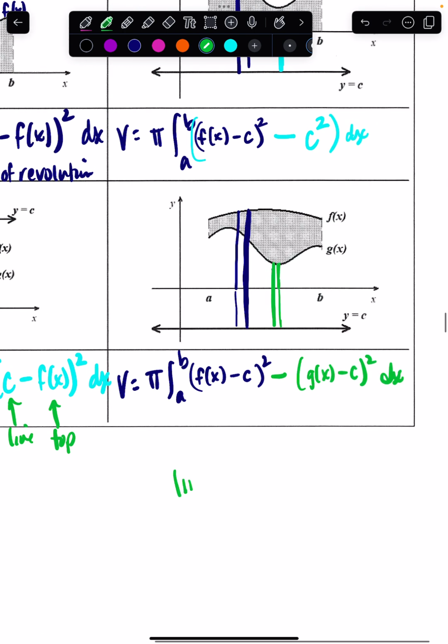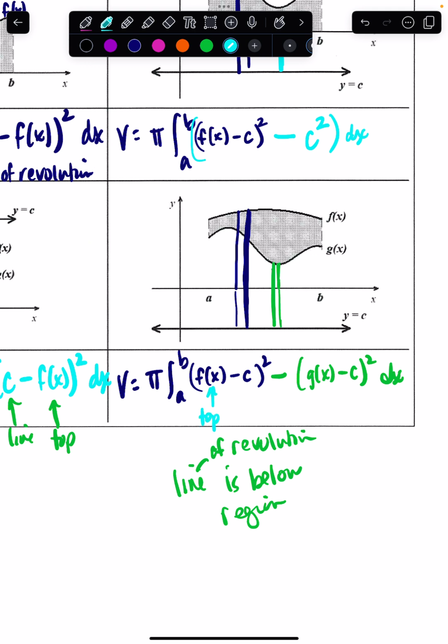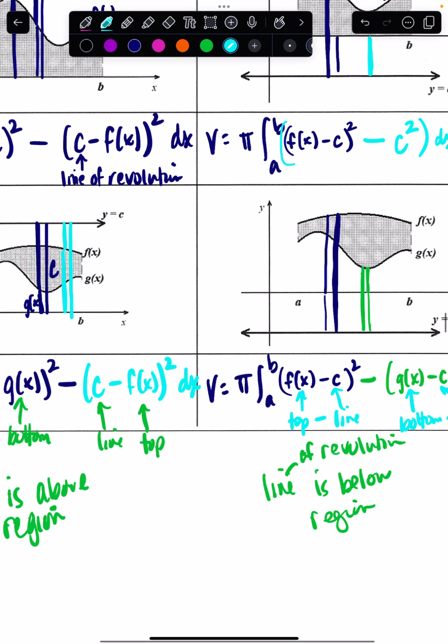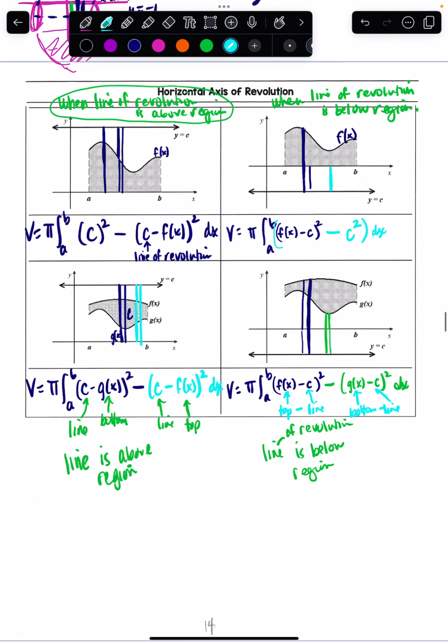When your line of revolution is below the region, you're going to do your top minus the line, and then your bottom minus the line. The line is your c value. So hopefully that all makes sense.